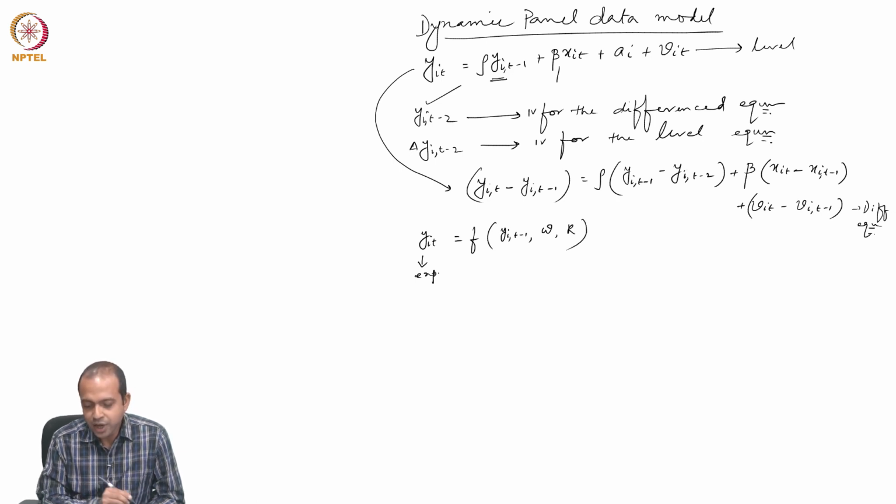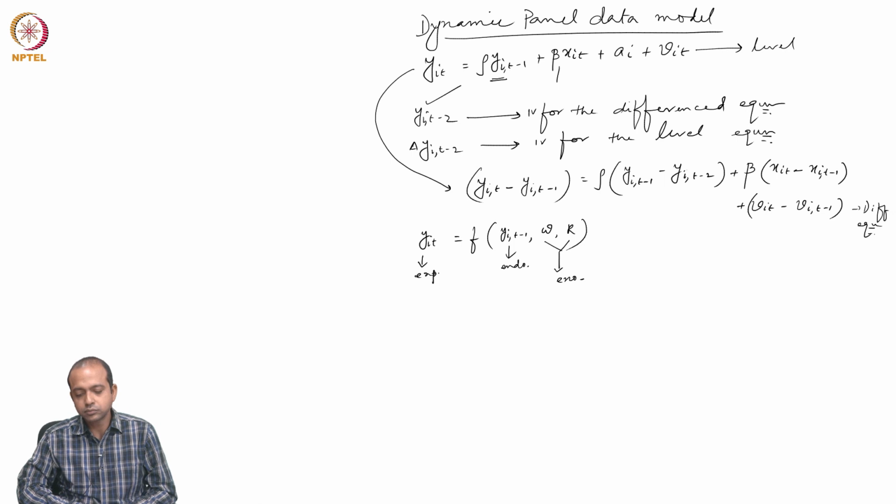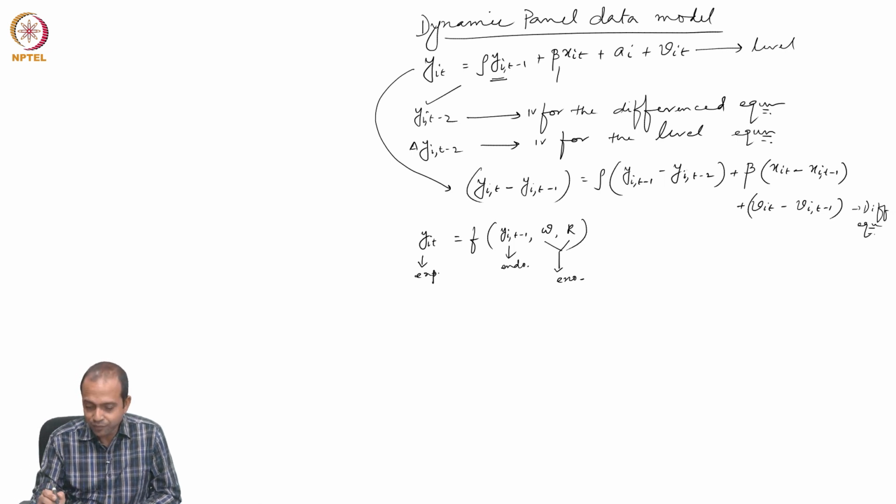We assume that yit minus 1 is endogenous, and these two are actually exogenous. We have another variable, industrial output, also which we can take. So, this is also exogenous.